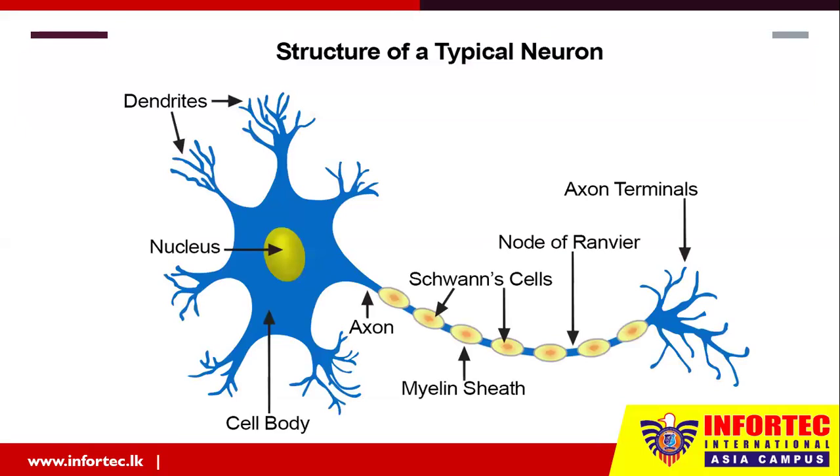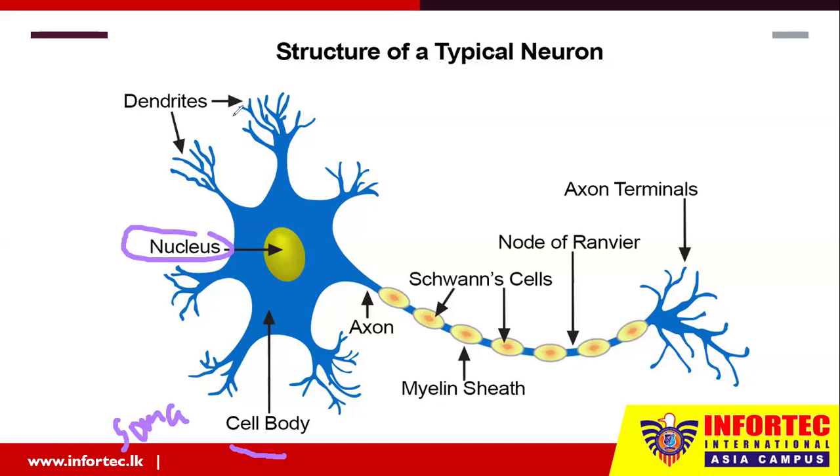So as a part of a neuron, as you can see in the image in the slide, there is a cell body, right? This cell body contains the nucleus and other organelles, right?